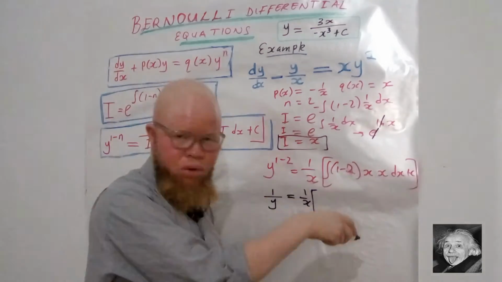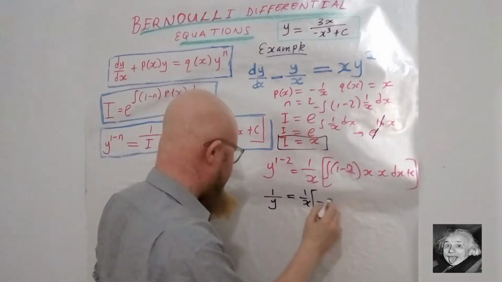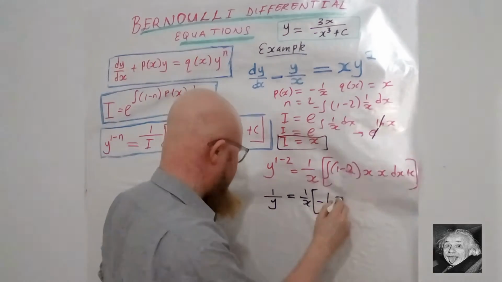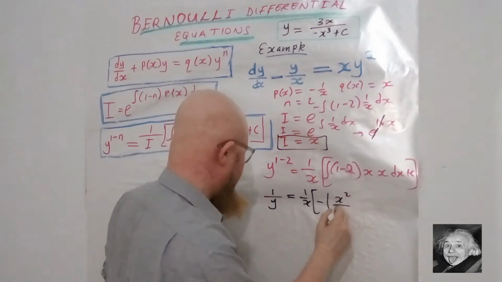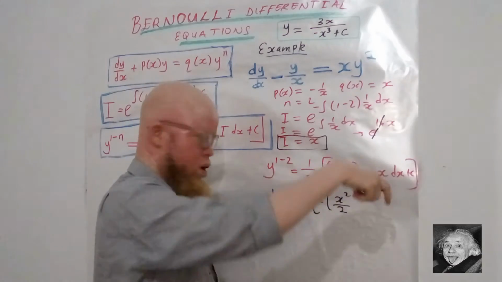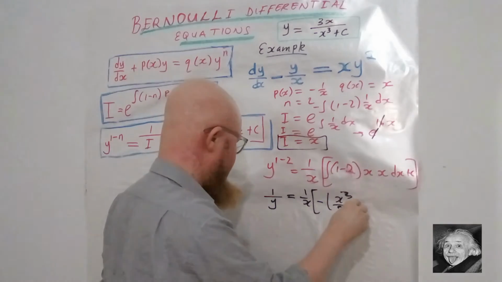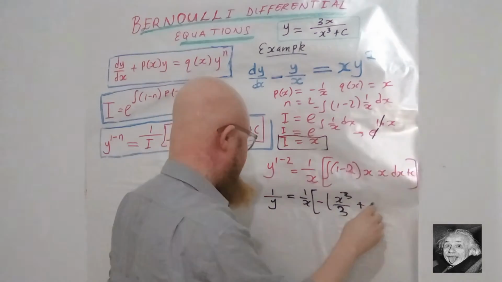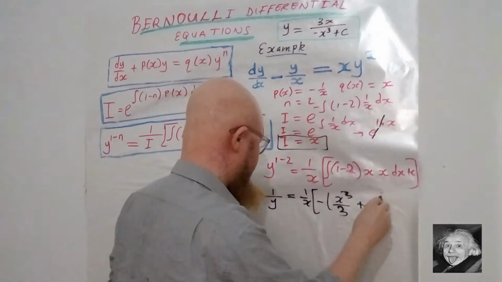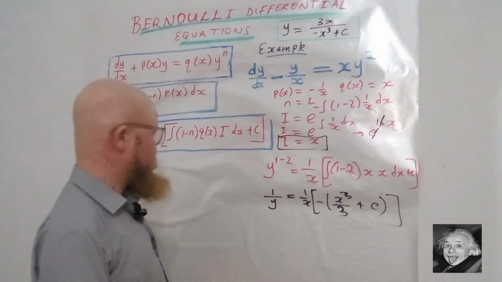If I integrate x squared, it will be x cubed divided by 3, with the minus sign, plus the integration constant. This is how you are going to do it.